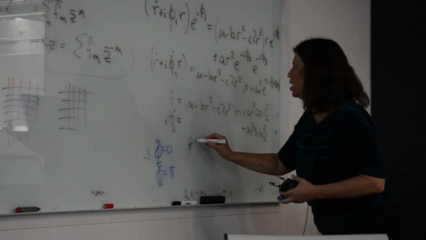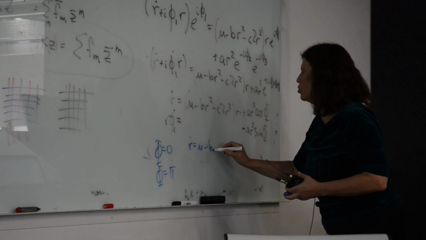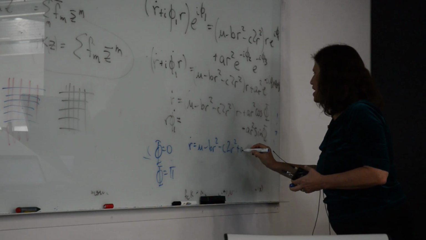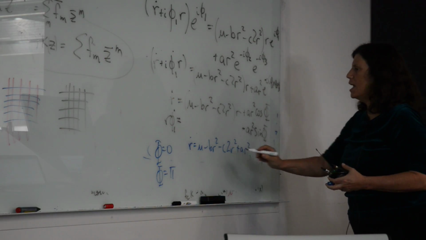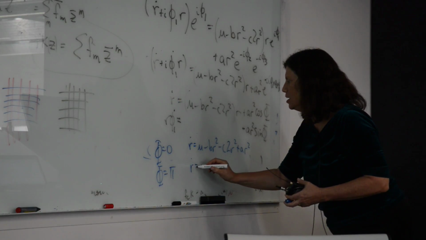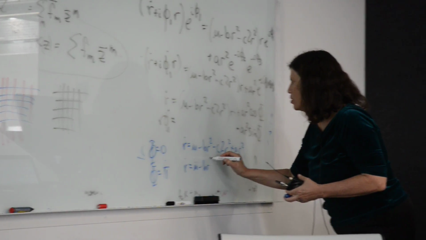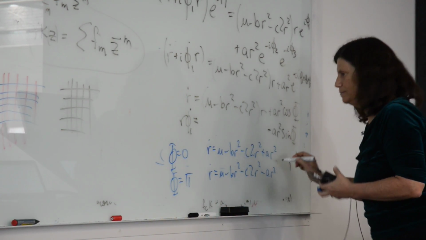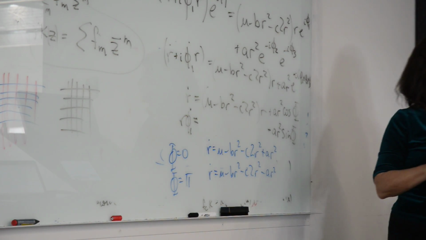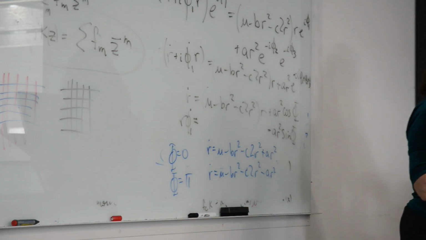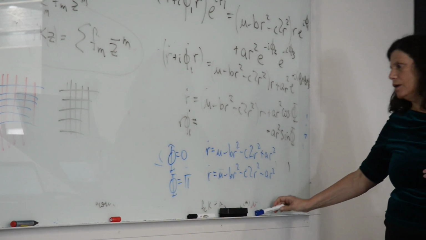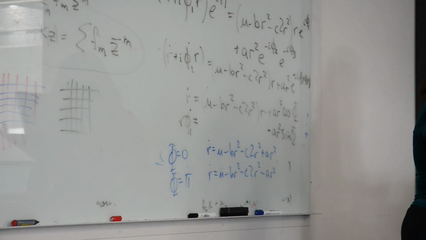But here we have r dot equals mu minus b r squared minus c2 r squared plus a r squared. And here we have r dot equals mu minus b r squared minus c2 r squared minus a r squared. And that's going to make a difference. This is a quadratic equation.